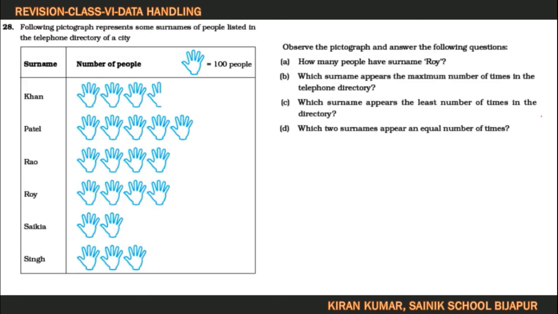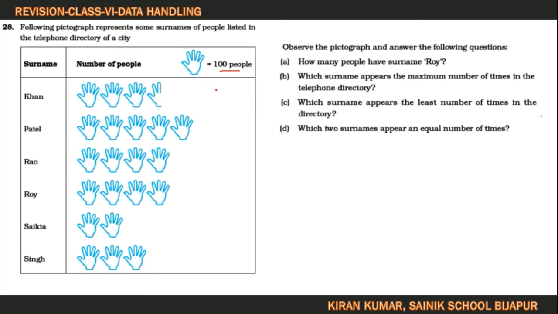Next one, question 28. The following pictograph represents some surnames of people listed in the telephone directory of a city. Here the number of people is mentioned using one hand. Hand represents 100 people. So for the surnames, we have to write the number. 100 plus 100 plus 100 is 300.